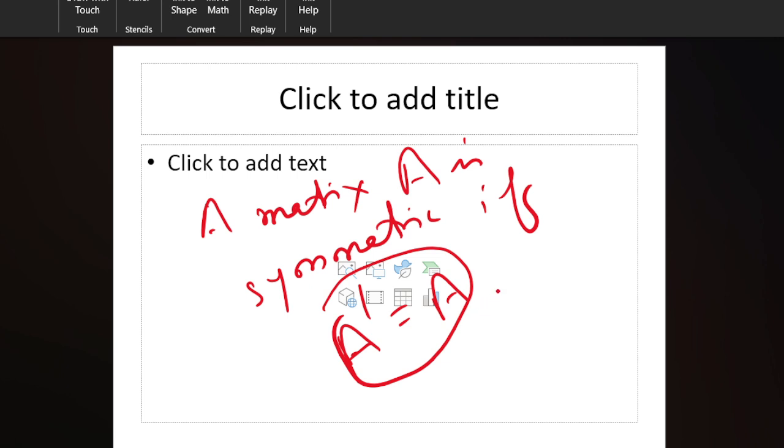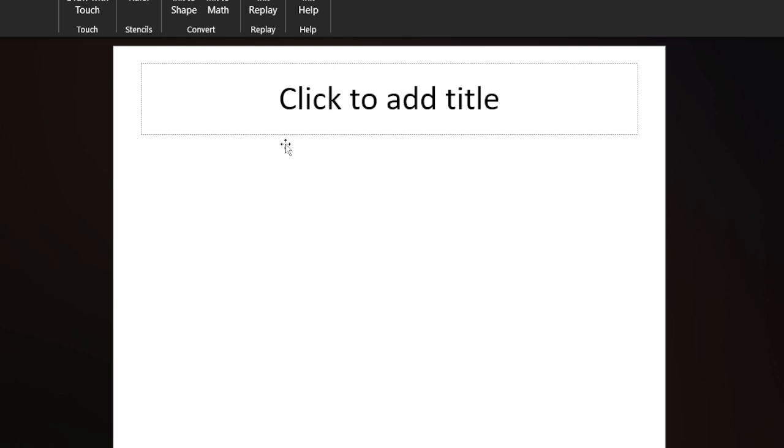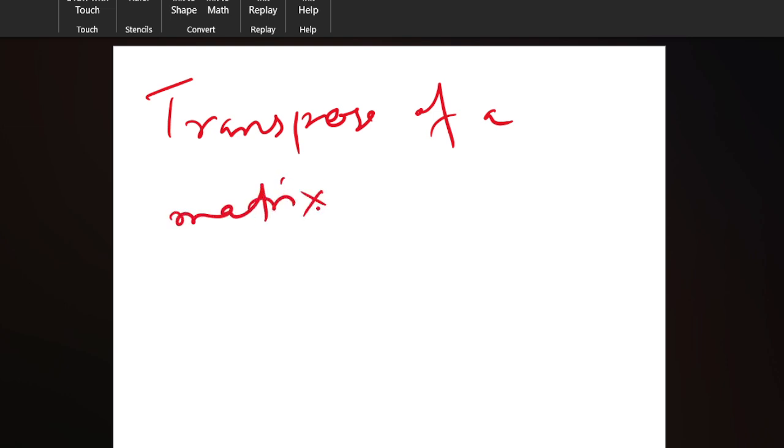We know what transpose is. How do you obtain the transpose of a matrix? We can recall, isn't it?